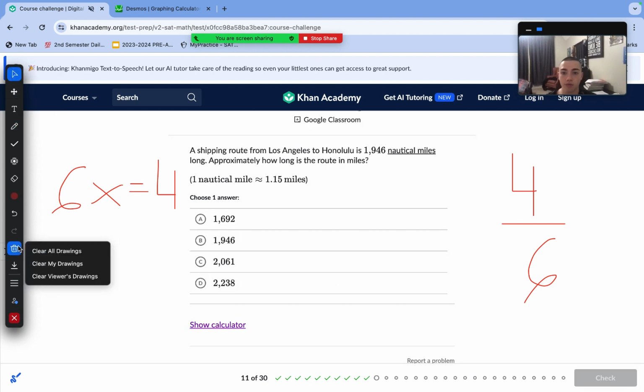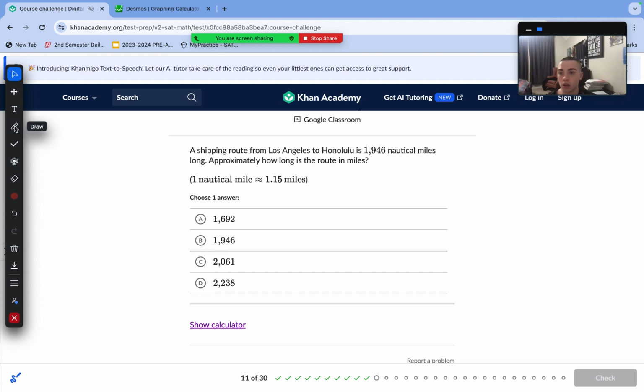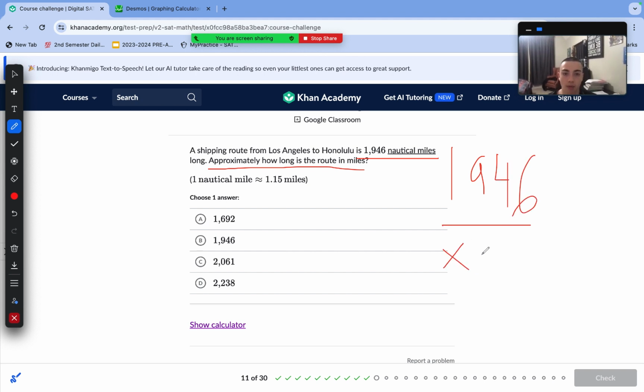A shipping route from Los Angeles to Honolulu is 1,946 nautical miles. Approximately how long is the route in miles? 1 nautical mile equals 1.15 miles. Let's go ahead and graph this out in a proportion. So we're trying to find X amount of miles, and then 1.15 miles have our units across from each other.